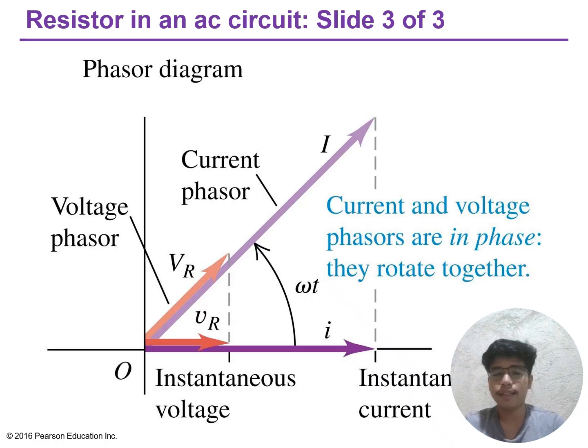So next is a slide that shows voltage and current waveforms for a resistor, plotted as functions of time, demonstrating their identical in-phase relationship. The time domain waveforms illustrated on this slide show how the voltage across a resistor and the current through it oscillate together in perfect synchronization over multiple AC cycles.